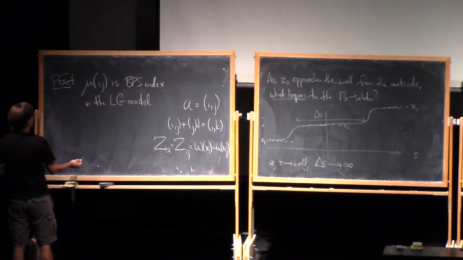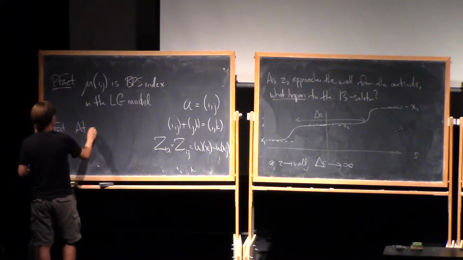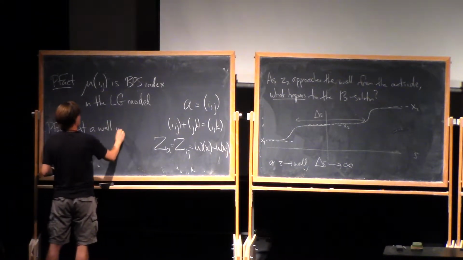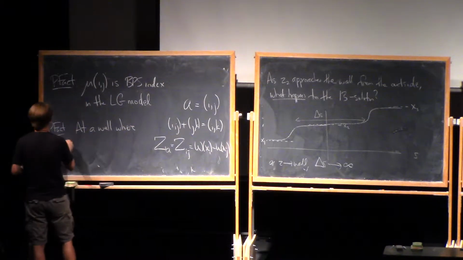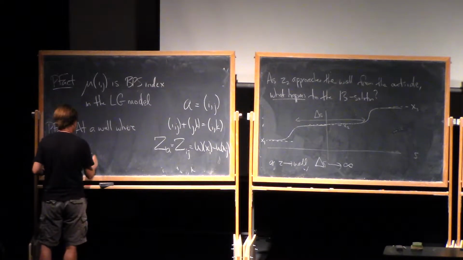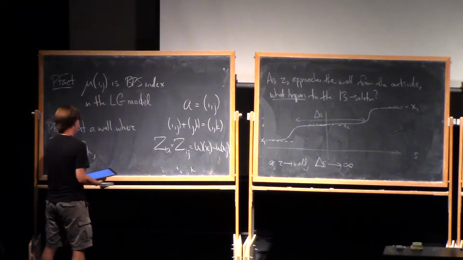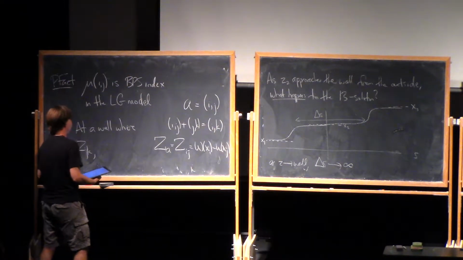So I guess we could call this next thing another physics fact. At a wall where Z_ij becomes parallel to Z_jk, the indices jump, and they jump in a specific way.